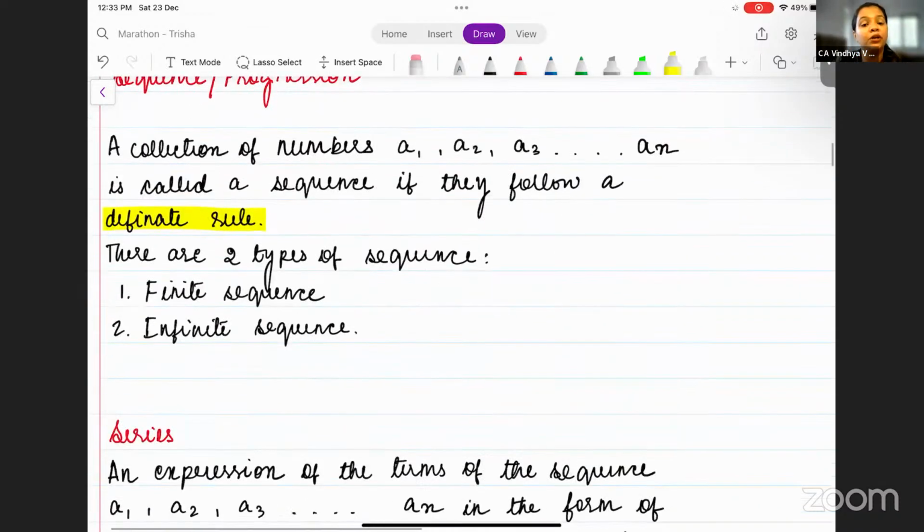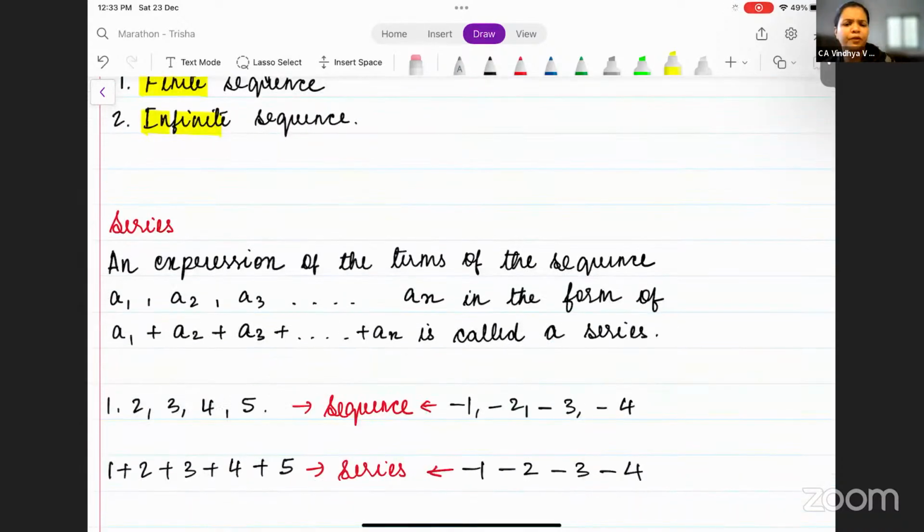Okay. Now there are two types of sequence: finite sequence and infinite sequence. Finite sequence is where you know how many terms there are, and infinite sequence is where the number of terms continues till infinity. You can go on writing terms. Now, what is a series? A series in very simple words is an expression.